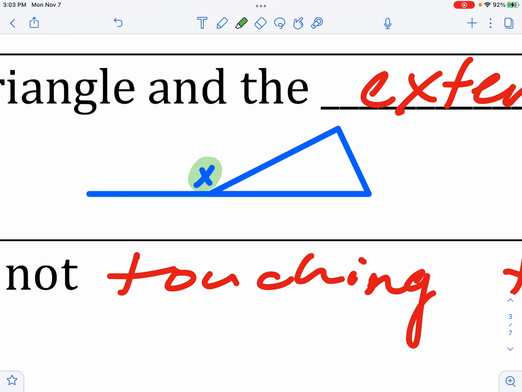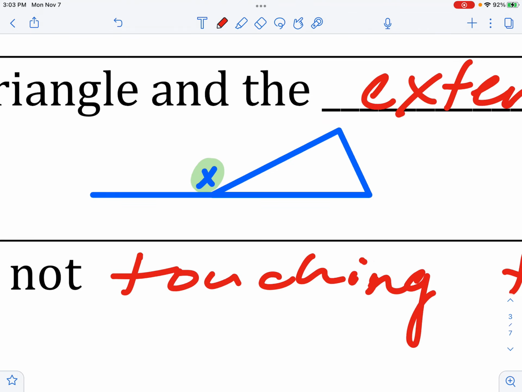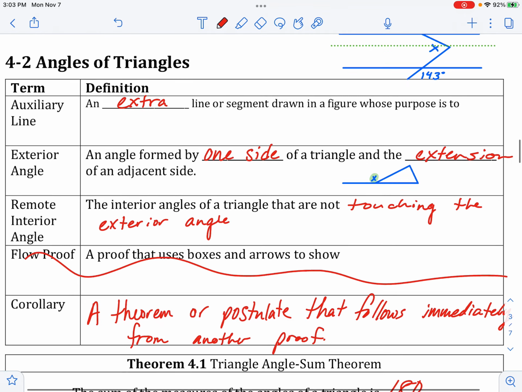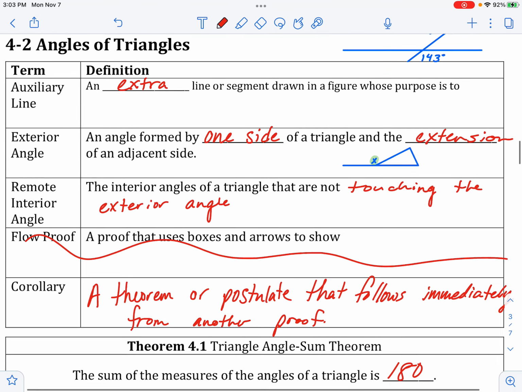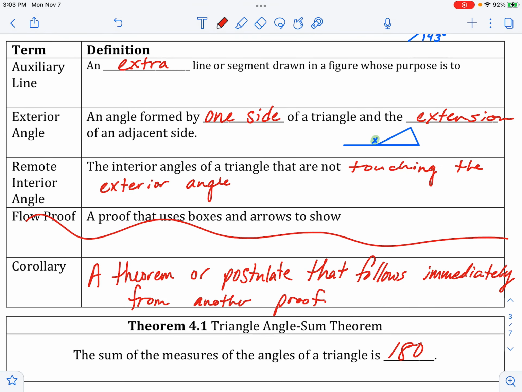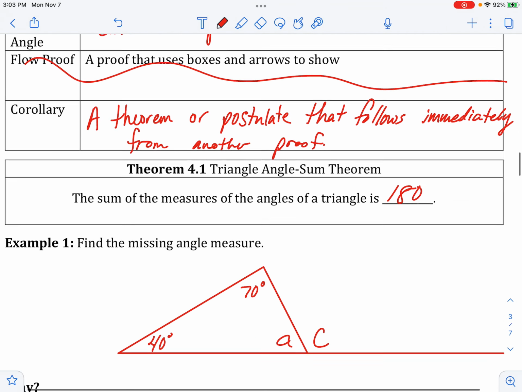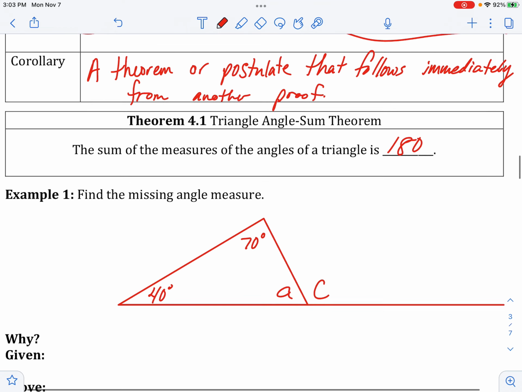If you are a remote interior angle, you are nowhere near your exterior angle. You're not touching the outside angle. So these two would be your remote interior angles because they are not adjacent to the exterior angle. We're not going to do any flow proofs in this course. Some courses will. I don't think it's worth our time in this course. And a corollary is a theorem or postulate that follows immediately from another proof.